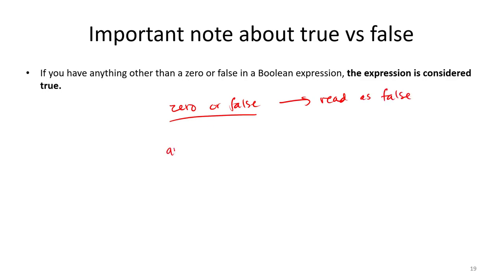Anything else inside that Boolean statement will be read as true. We'll see some examples of this in just a moment. But if you want to guarantee that your Boolean expression will always evaluate to false, you need to make sure that the final result will evaluate to a false expression.